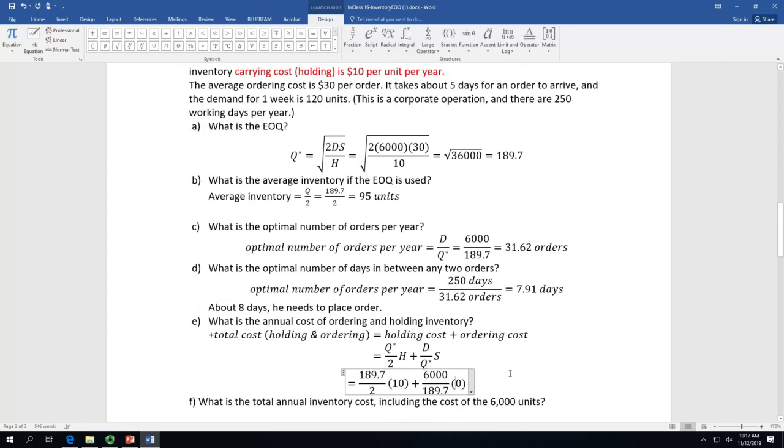So 6,000 divided by 189.7 times 30, plus 189.7 times 10 divided by 2. The total we get is $1,897.37.